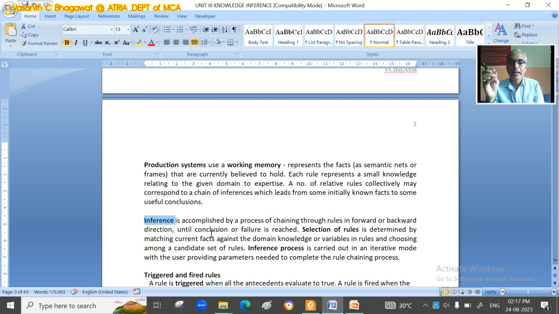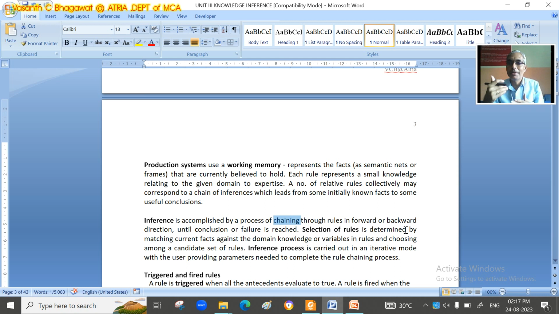So how is this inference accomplished, or what do we mean by this? It is a process of chaining through rules in a forward or backward direction. That means you can start applying the rules in a forward direction, that is from the initial state to the goal state, or from the goal state to the initial state.